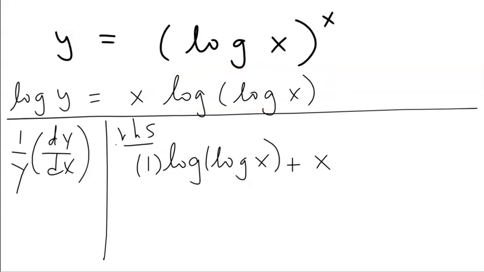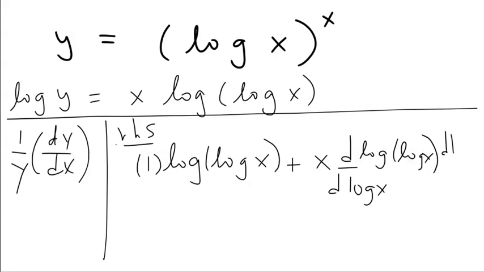So here, by using the chain rule, we get d(log x), and then you write the entire function log x, times d(log x)/dx. So this is a chain rule. So what is the second term? The second term is quite simply x.